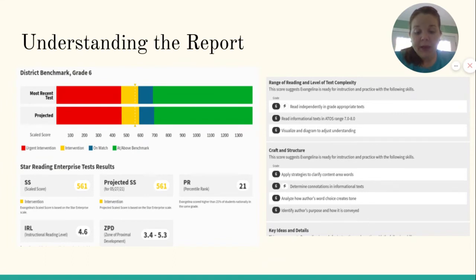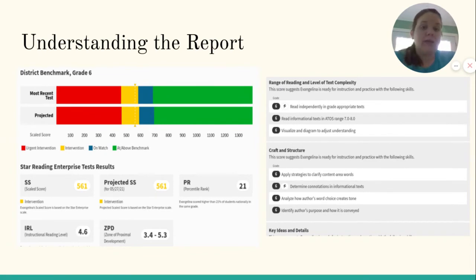In the second chart that you see, which says range of reading and level of text complexity, this is another thing that STAR does, where it breaks down all of the skills that were tested on the STAR assessment and gives you a snapshot idea of where your students are. As you can see, most of the skills the student was testing at a 6th grade level, which is great.